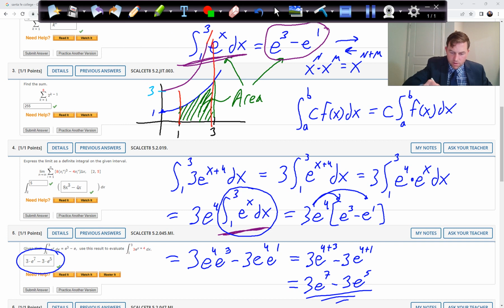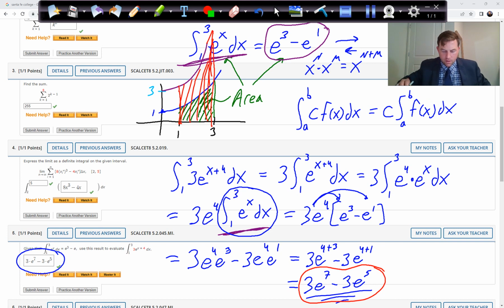Drew it too steep. So it's going to be this whole area here. And that area is represented by this number, whatever it is. Okay, and that would be problem 5. And actually, as I'm looking at this, it's a little bit different than what I drew, but that's the idea. So it's actually shifted because of that plus 4. But for all intents and purposes, it's similar to that shape. Okay, for problem 5.